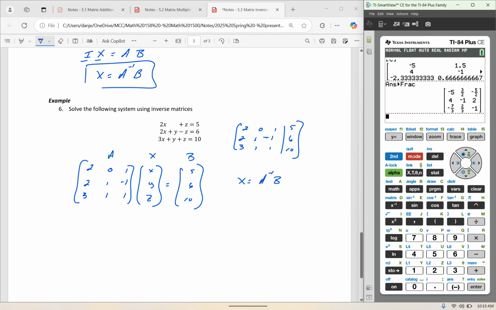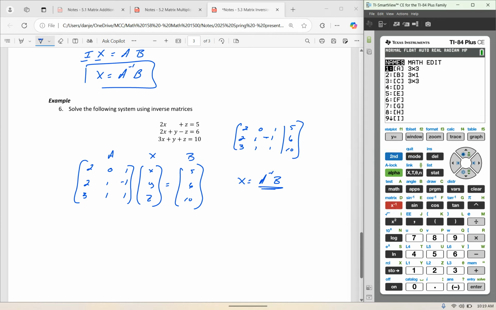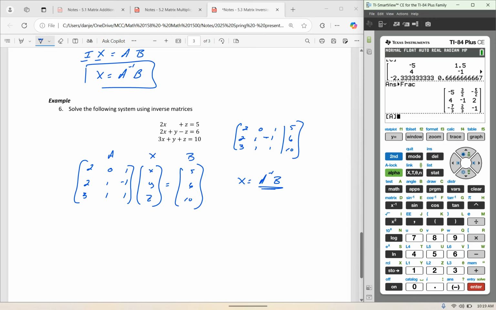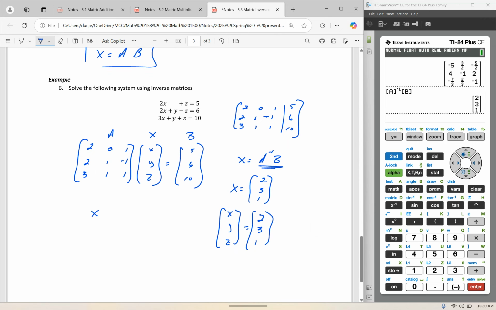Now, to solve for X, all I need to do is the inverse of matrix A times B. Matrix A inverse times matrix B. Enter. And I get my X matrix is the matrix 2, 3, 1. In other words, X, Y, Z equals 2, 3, 1. So we have our solution that X equals 2, Y equals 3, Z equals 1.